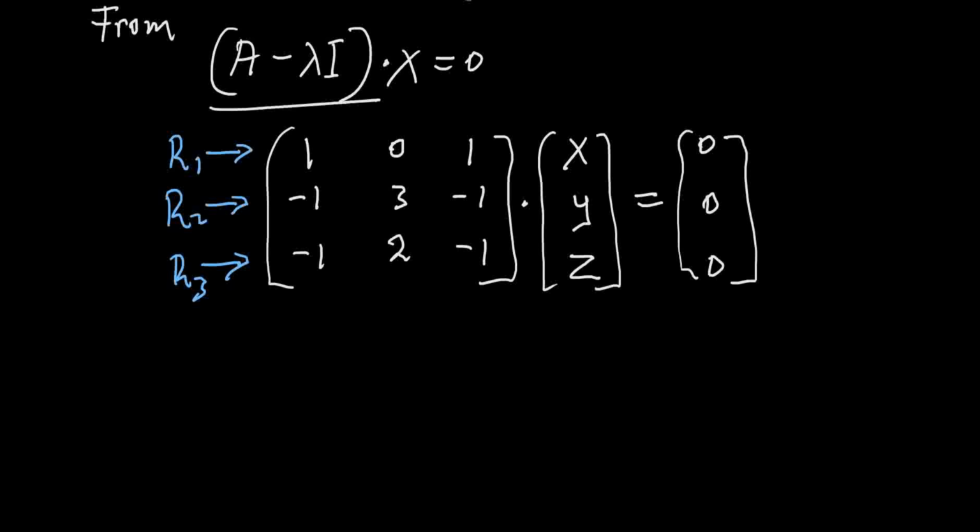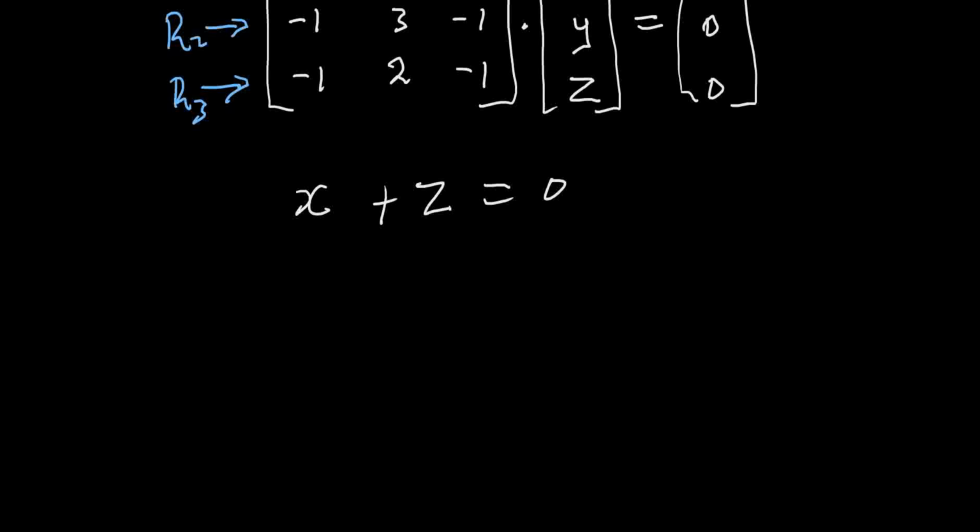Because we have 0 in row 1, it's better we start from row 1, and the coefficient of x in row 1 is 1. That simply means that we'll have x, and then the coefficient of y is 0, so we can skip that to z. The coefficient of z is 1, so plus z equals 0.